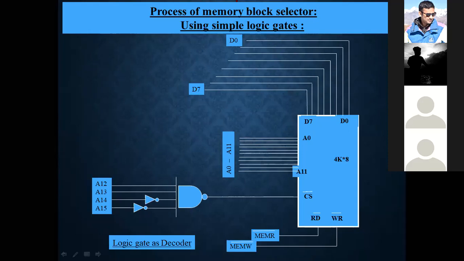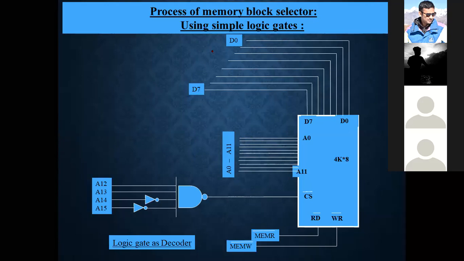What is the address range of the 8051 microcontroller? How many address lines are there in the 8051 microcontroller? How many address bus lines are there? 16.